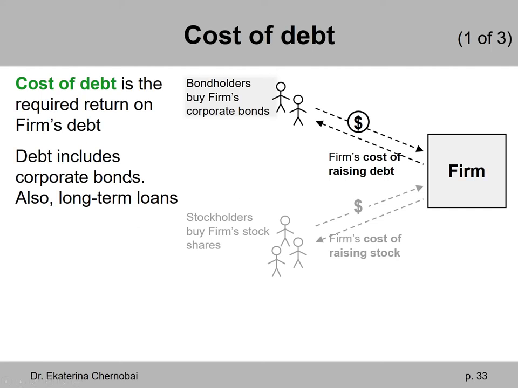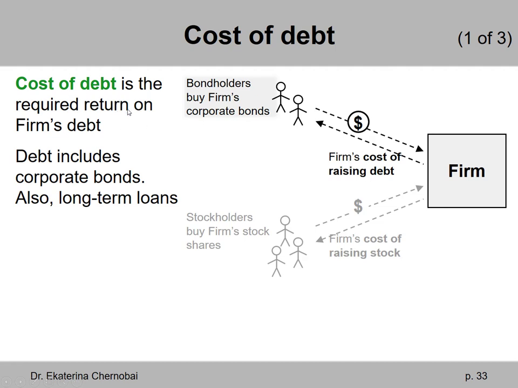And now let's look at the other source of capital for a firm, which is selling corporate bonds to borrow money from investors. So again, the money that goes back from the firm to the bond buyers is what we call cost of debt, or cost of raising debt.